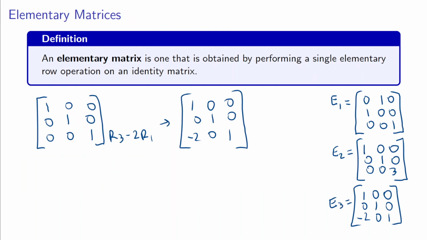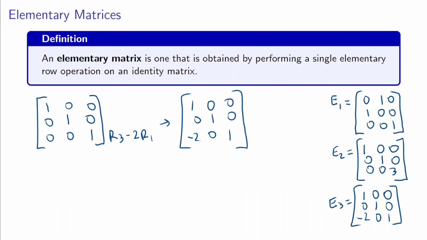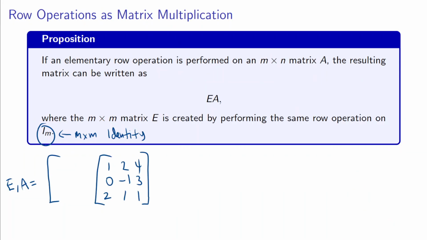So let's go back to these matrices here. Let's try E1 times that new matrix that I just came up with, A. So E1 was an interchange, right? An interchange between rows 1 and 2. And so this will be 0, 1, 0, 1, 0, 0, 0, 0, 1. And we go through this matrix multiplication.